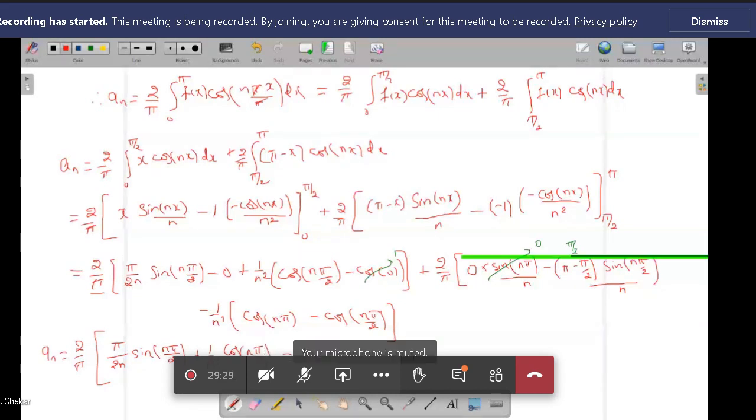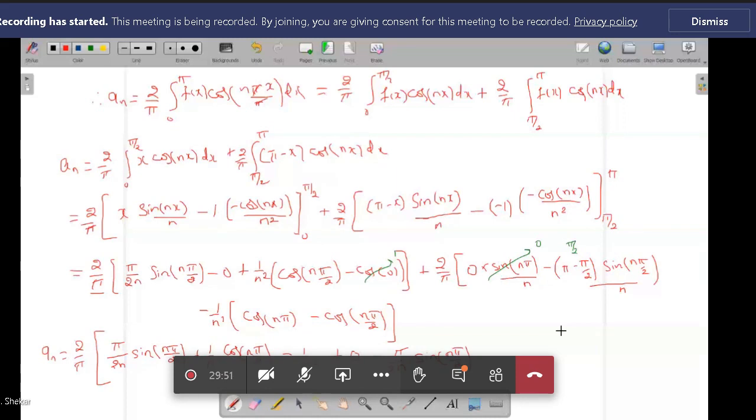Because cos 0 is 1, we have 1 by n square, and this term is 0, so we have negative. So plus 0 minus, we get pi by 2, so that is pi by 2n into sin n pi by 2.